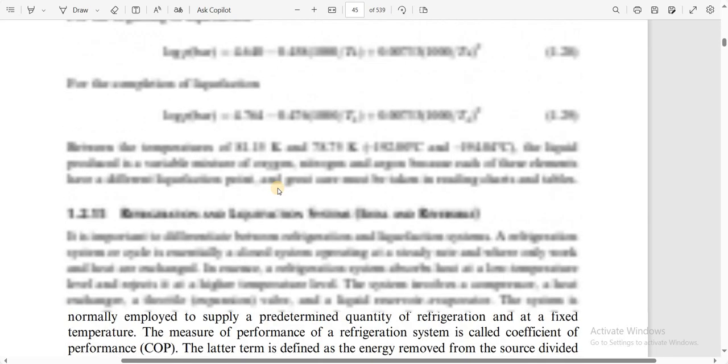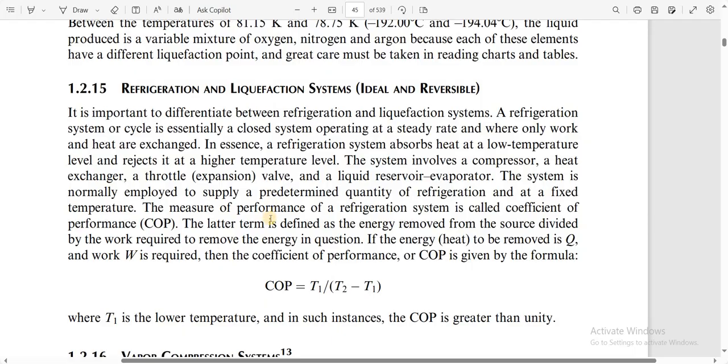Refrigeration works under that rule only. It absorbs heat at lower temperature and rejects it at higher temperature: it absorbs heat from the system and releases heat to the atmosphere.